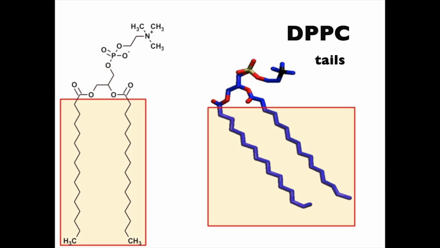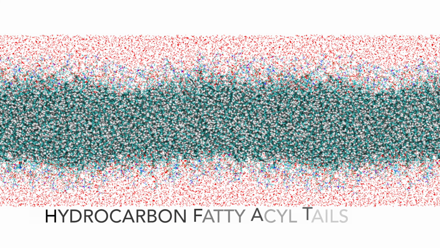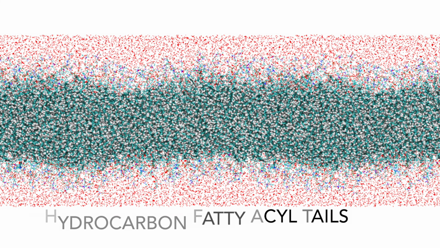Phospholipids like DPPC are key components of cell membranes because they organize themselves into bilayers. As we see in this cross-sectional illustration of a DPPC bilayer, the polar head group components face towards the water. These are the positively charged choline and negatively charged phosphate groups. This leaves the hydrophobic tails sandwiched inside.